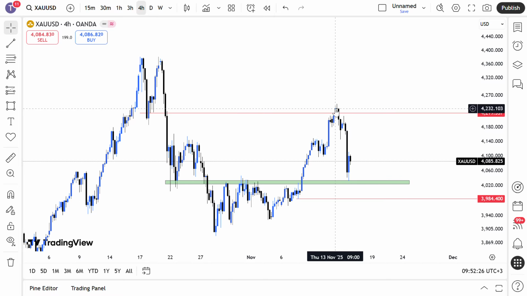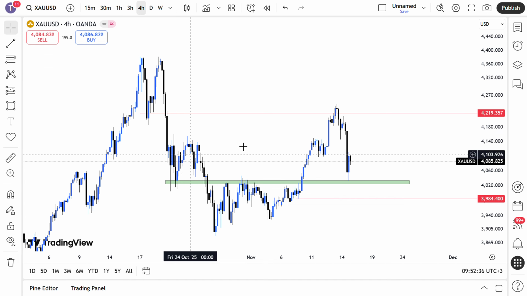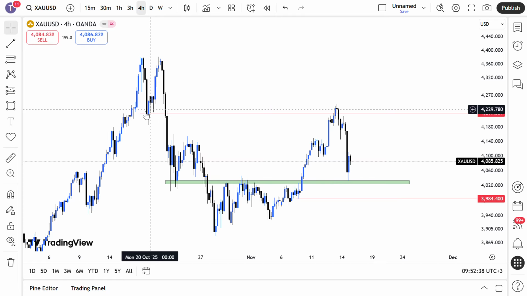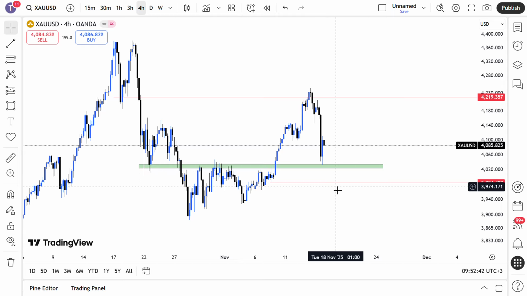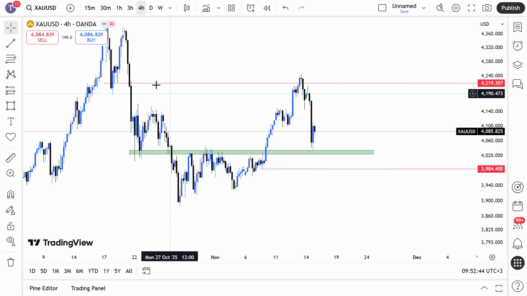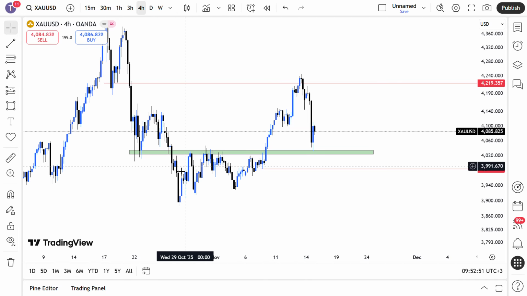And also, don't forget that gold is trying to react from this order block because we also had a double top at this point. So we can take this as a retest to this double top, and if we see more selling reaction, it means the double top from this side was stronger than this double bottom at this low.